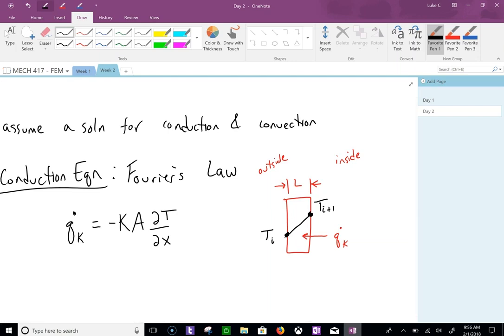So why did I do this sketch? Well, go back to the conduction Fourier's law. T of I is just indicating any element. What does the negative indicate in this Fourier's law? Just the direction, right? So technically, we already know the direction.